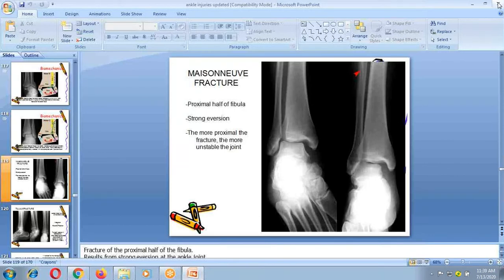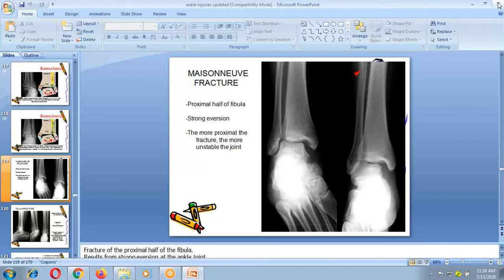If there is a displaced lateral and medial malleolar fracture, how do you manage it in adults? Displaced lateral as well as medial, how do you treat in adults? Tell.